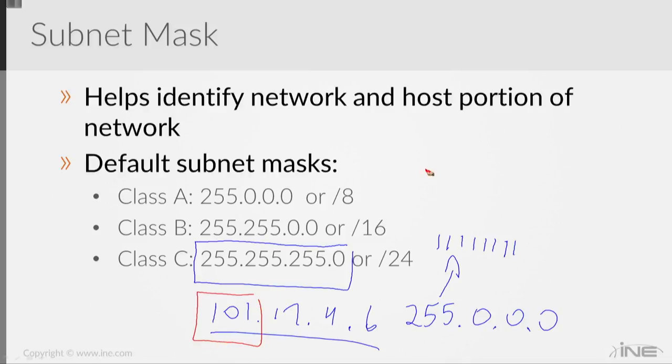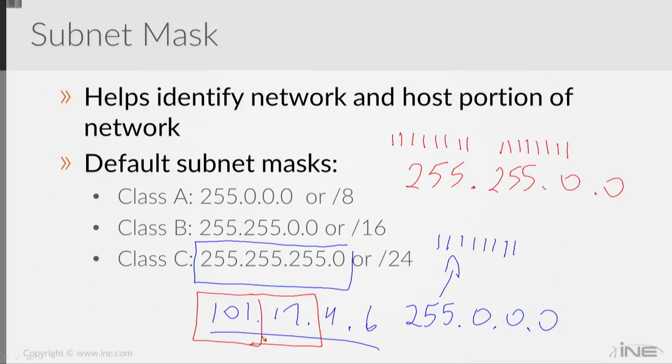If my subnet mask had been 255.255.0.0, applied against the exact same IP address, then the computer system would say 1, 2, 3, 4, 5, 6, 7, 8, 1, 2, 3, 4, 5, 6, 7, 8. So the computer system would say, oh, okay, of this IP address, he's telling me that the first 16 bits belong to the network. 101.17 belong to the network. So that's why the subnet mask is critical. It's paired up against the IP address.